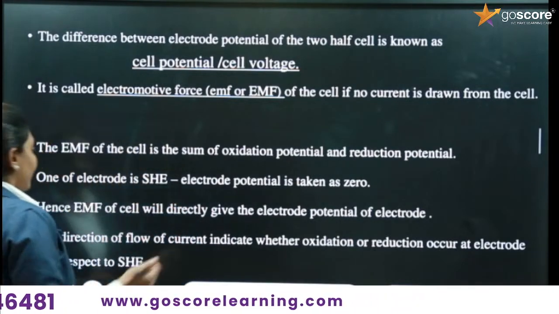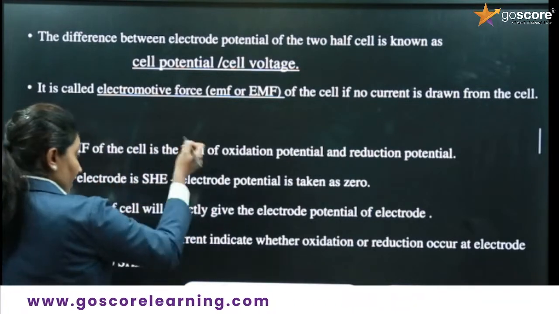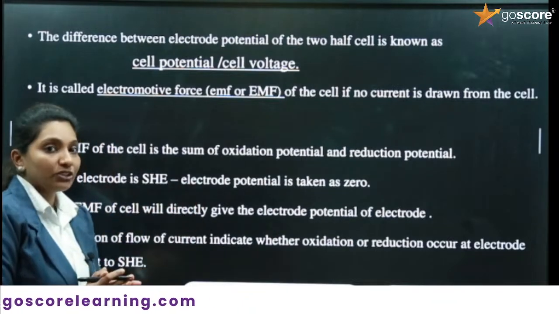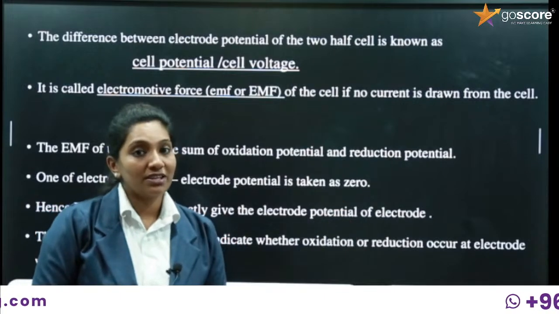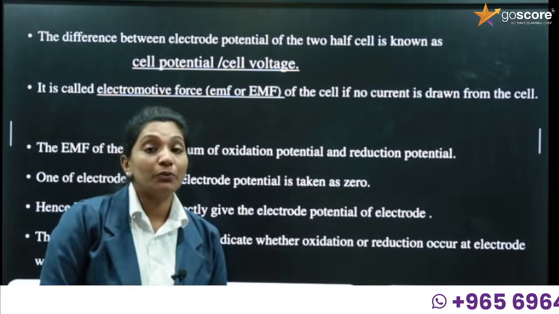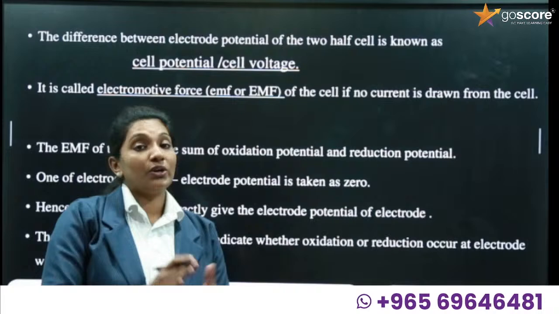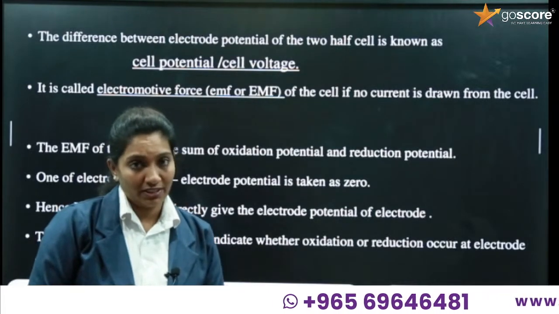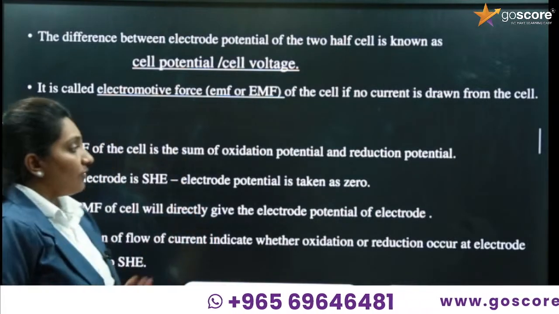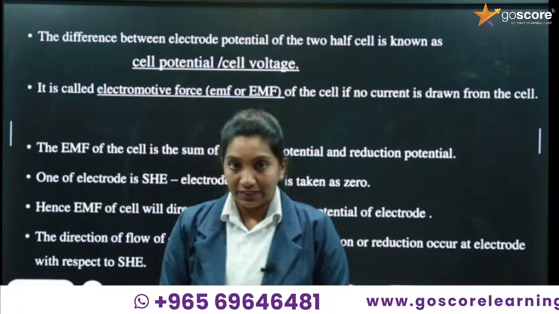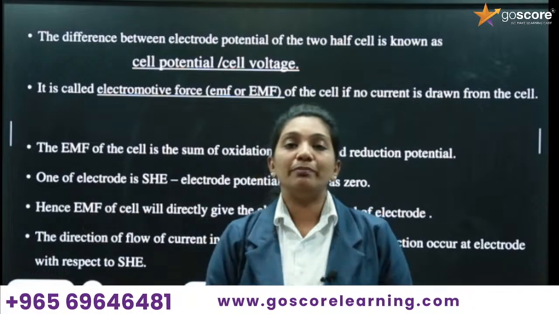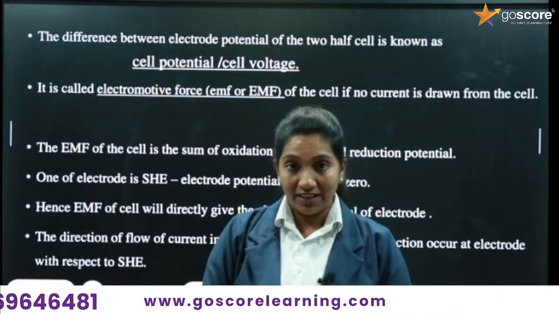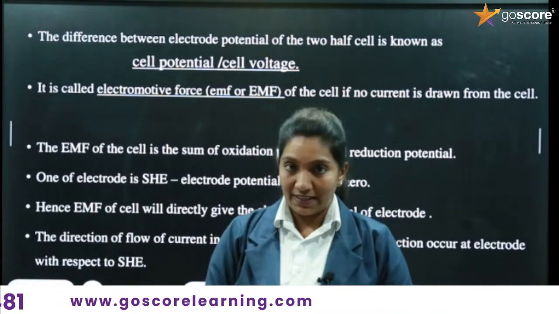Okay. And here in the cell, we have taken one electrode as the standard hydrogen electrode, and the next electrode is the metal whose electrode potential we want to investigate, right? So how will we investigate? We will keep that metal electrode as the anode or cathode, and connect it to the standard hydrogen electrode to form a cell.